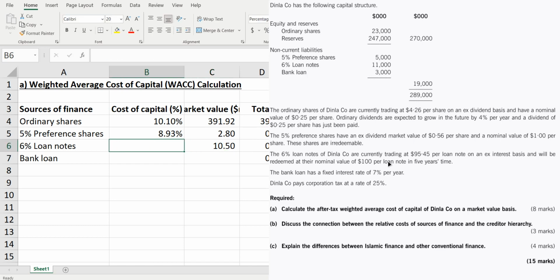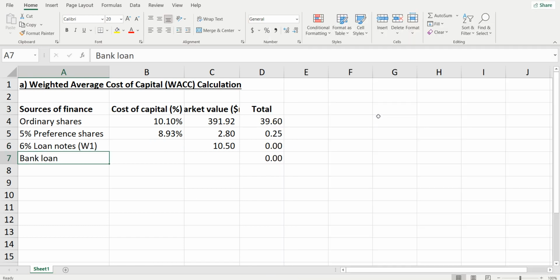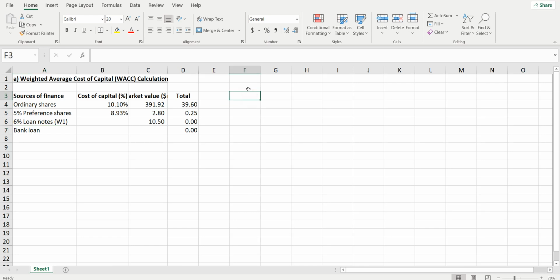That is our market value of loan notes. Now we can calculate the cost of capital, because we have to do an IRR calculation. So we have to show working for loan notes. Let's do the working here.